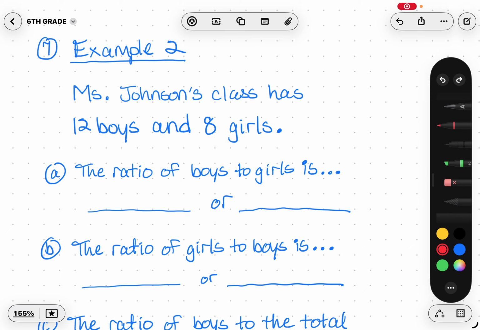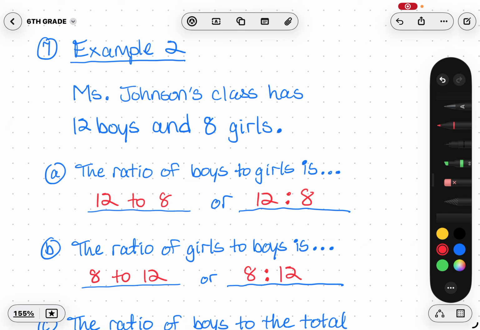The ratio of boys to girls would be 12 to 8, or we can write it using the colon, 12 to 8. Now, the next one says the ratio of girls to boys. So this is where order matters. So girls to boys would be 8 to 12, or we would write it using the colon, 8 to 12. Okay? So as you can see, the order matters. That's not the same ratio.